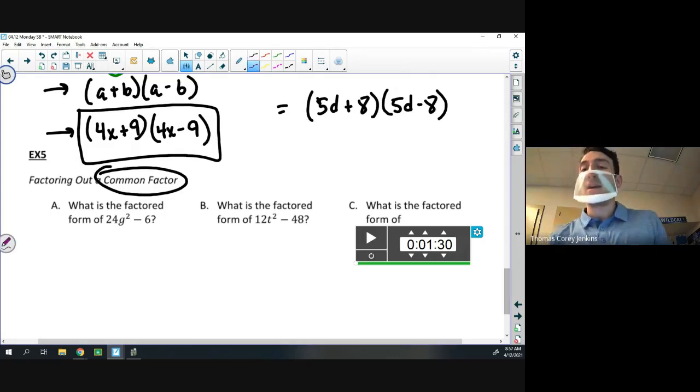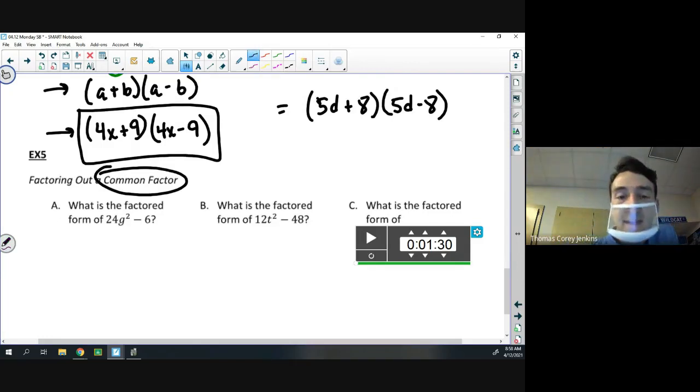So anybody know, looking at A, what's the factored form of 24g squared minus 6? Anybody know what my greatest common factor for 24g squared and minus 6 is? Yes? Just 6, right? So the last term doesn't have any g on it, so it's just going to be 6, okay?